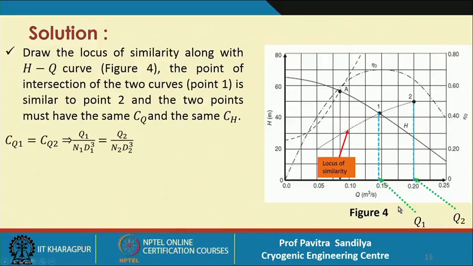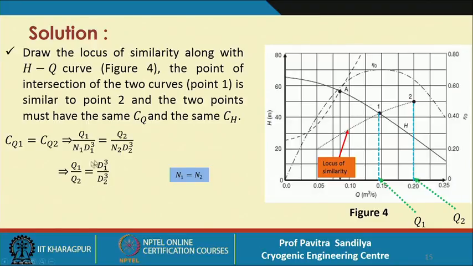For this particular Q1 and Q2, we can see that when we are talking about similar pumps, both CQ and CH will be the same. CQ is given by this expression, and we find that N1 and N2 are the same, because in the problem they say that the pumps are running at the same speed.